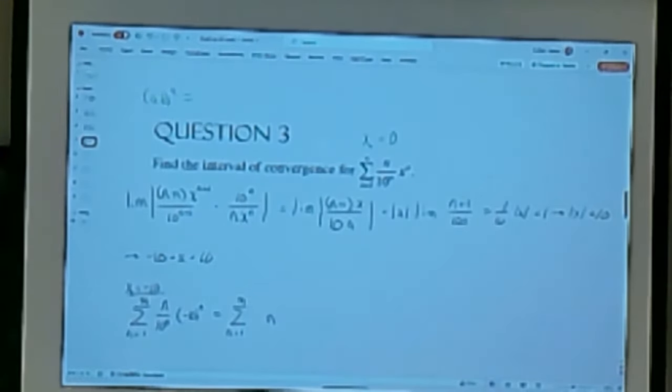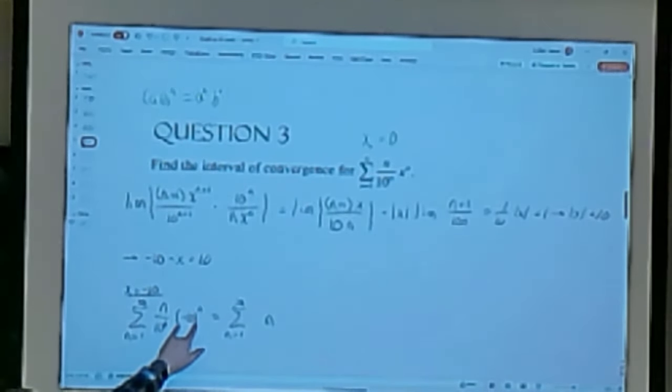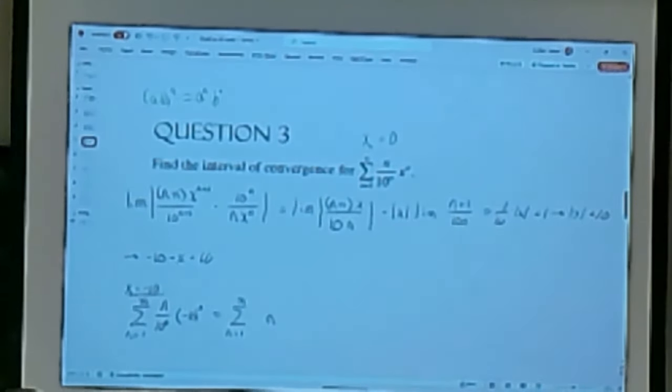What does ab raised to the nth power equal? A to the n times b to the n. What's a? Minus 1. What's b? 10. So it should be -1 to the n times 10 to the n, all over 10 to the n.